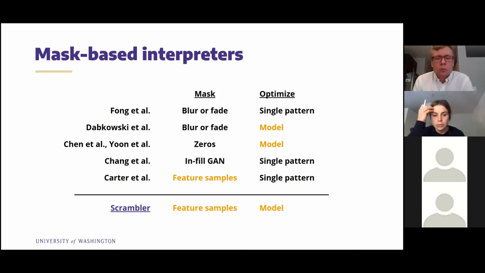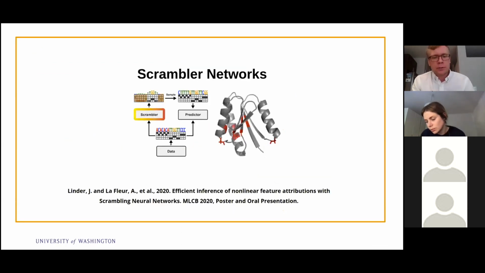So here we replace unimportant features with samples from a background distribution of nucleotides or amino acids. And instead of optimizing each mask at a time, we train a parametric model that we call the scrambler that very efficiently can predict the masks of new patterns after training. And this work was presented at MLCB last year.